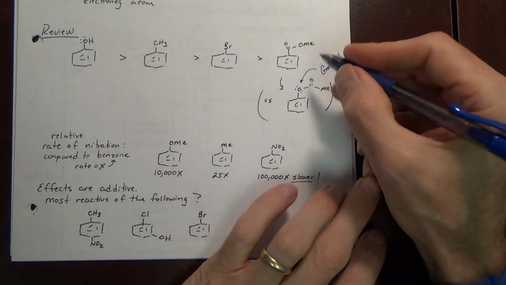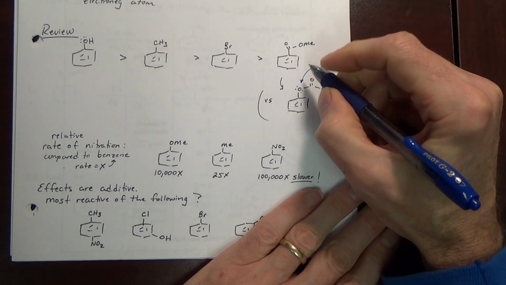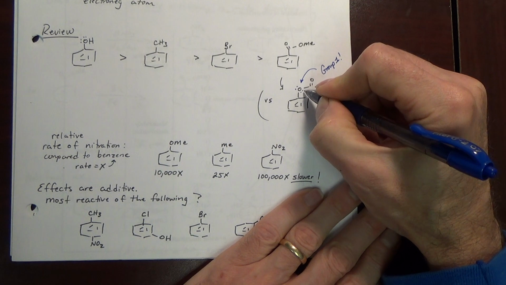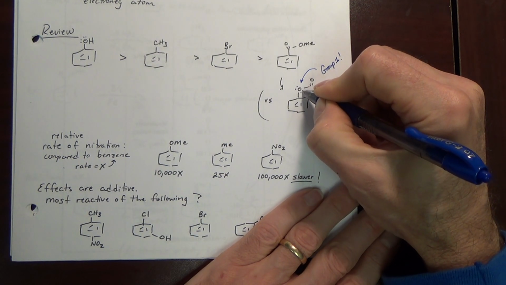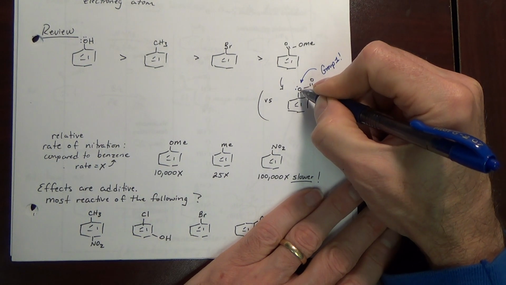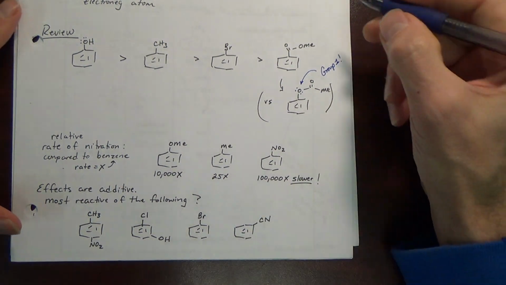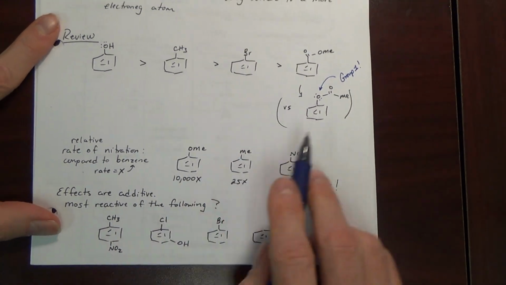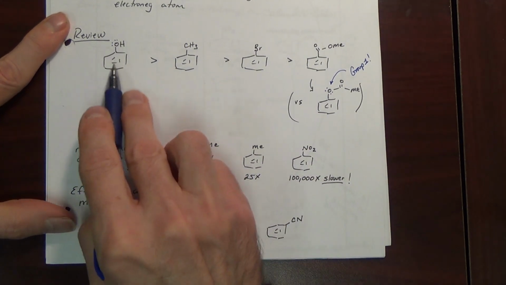Well, the answer is phenol, because while this oxygen can donate to the ring, it's also donating the other way. Okay? We can draw resonance into the carbonyl. And if it's donating the other way, it's going to be less likely to donate fully into the ring. So while it is group 1, you would predict it not to be as reactive towards an EAS as phenol would be.